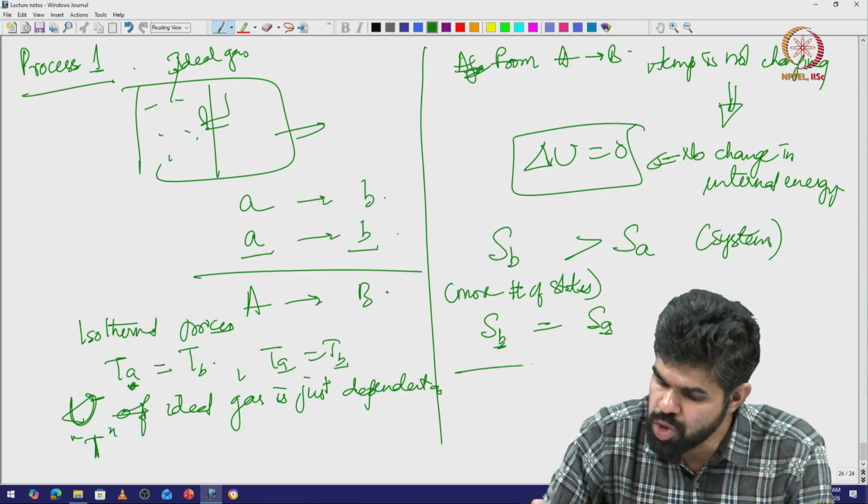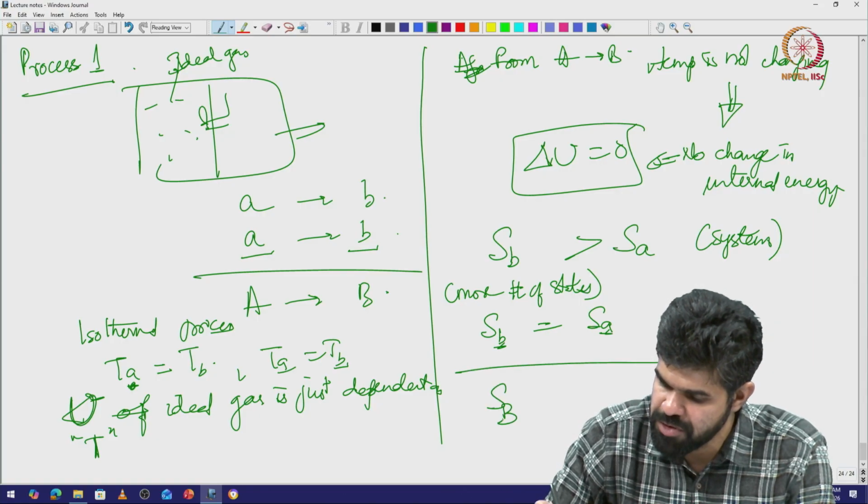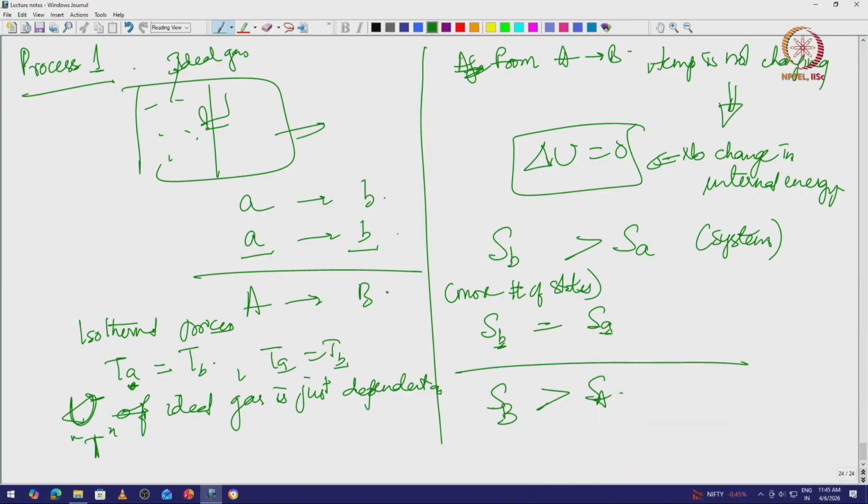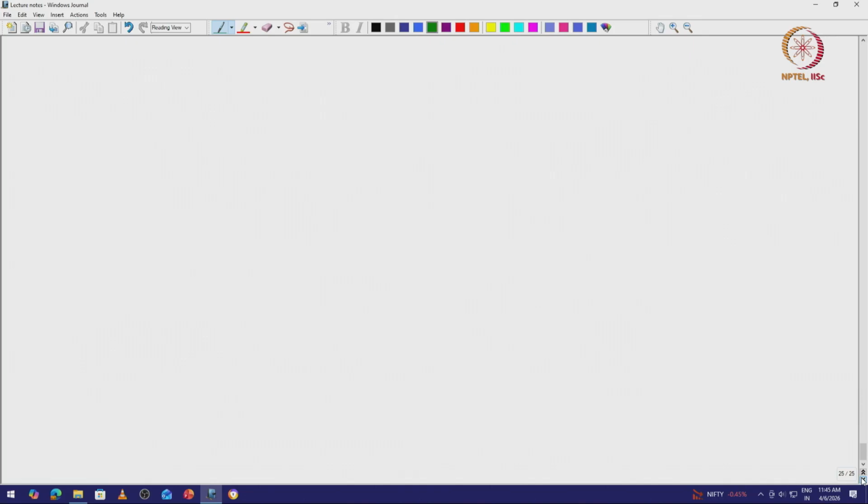Now, if I look at the total entropy, S B of course is greater than S A in this process, in process 1. Now, let us go to process 2, which is a more quasi static process.